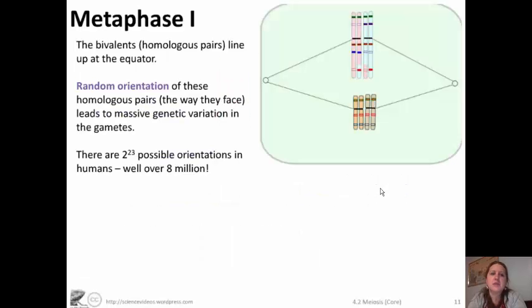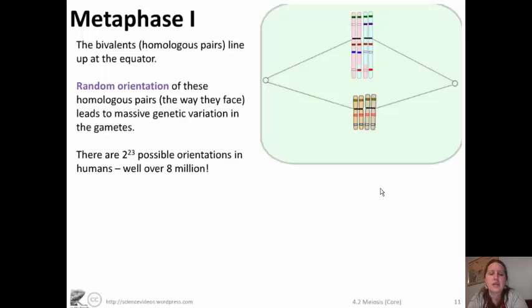All right, so then we go from prophase 1 to metaphase 1. The tetrads or bivalents, the homologous pairs, line up at the equator. They can be randomly oriented, so the way that they face, and this is going to lead to even more genetic variation than the crossing over did. Think about it. We have 23 sets of chromosomes. Each set has 2 chromosomes in it, so that's 2 to the 23rd possible orientations in humans.